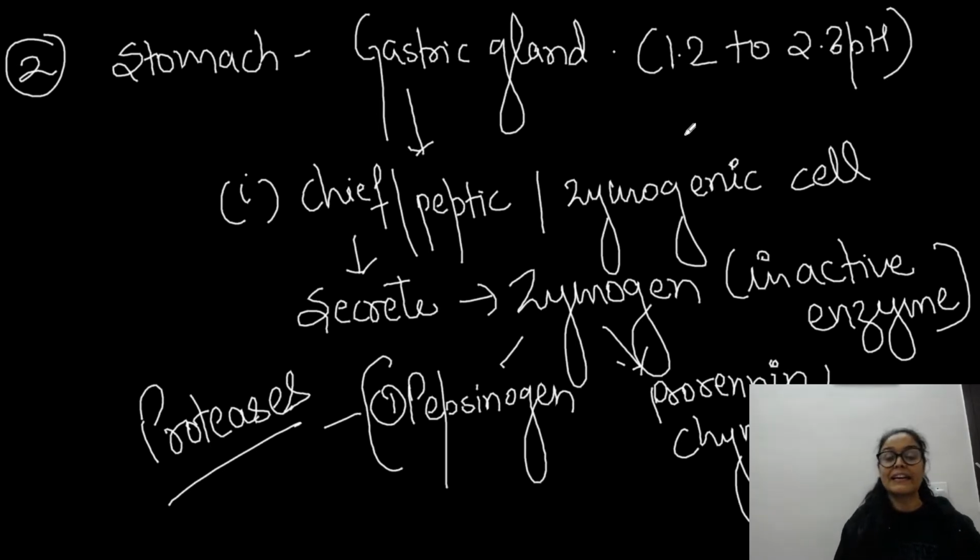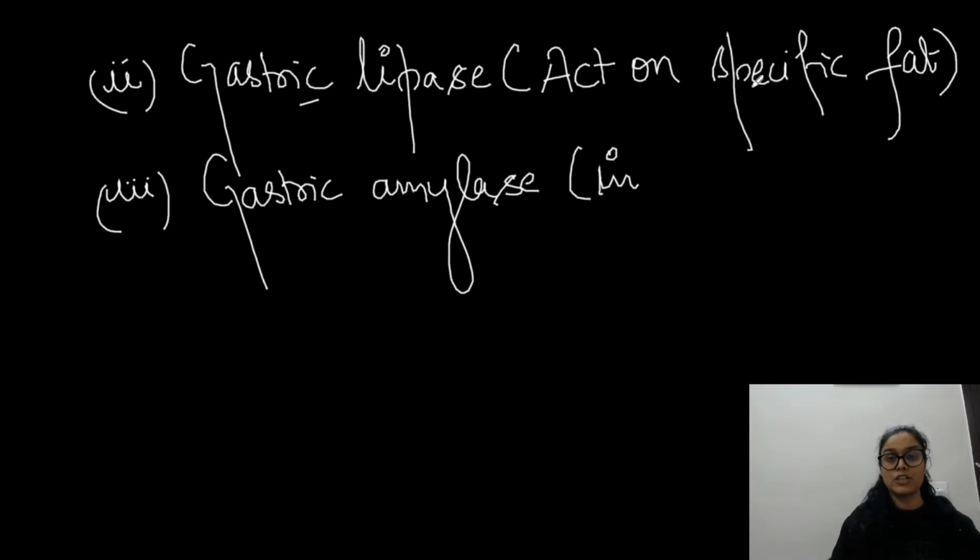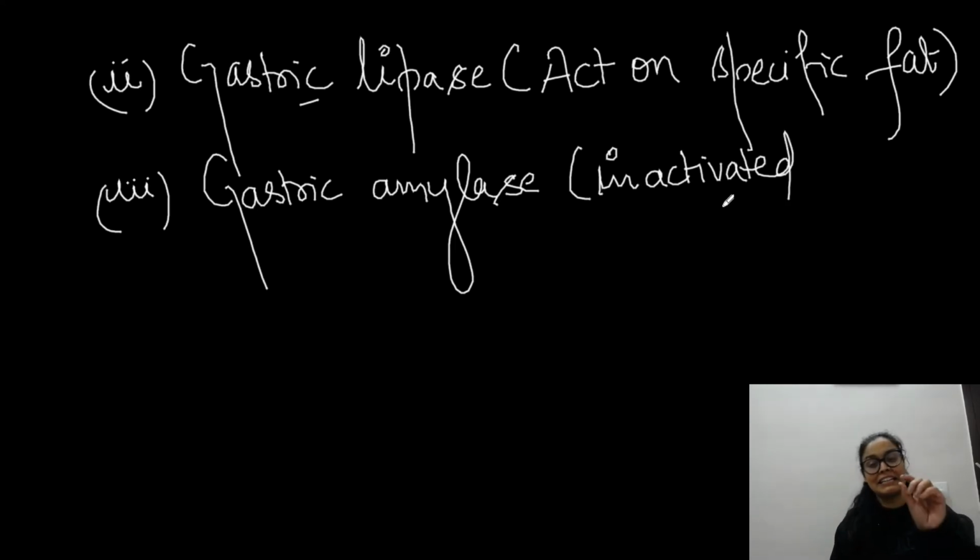Gastric glands also secrete HCl, which makes the condition very acidic, meaning very low pH. So gastric amylase is always inactivated; a little amount of amylase is secreted, but inactivated. Inactivated means it never works in acidic pH, so it never activates in the stomach, right? You have to remember that. It is always inactivated in the stomach.